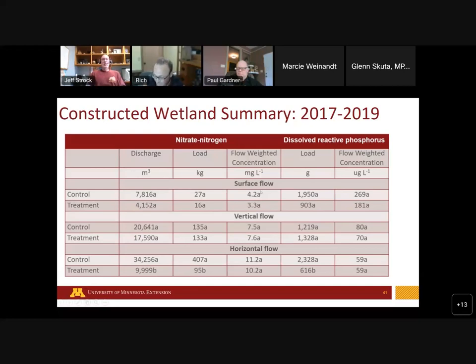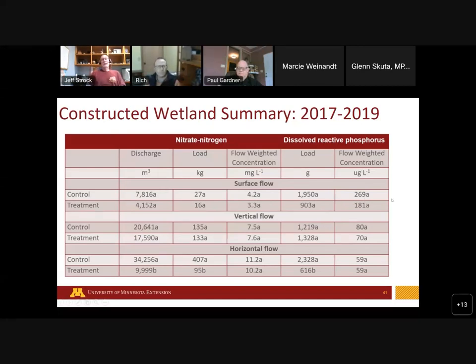So the water's got a longer hydraulic residence time in the surface flow system. It flows faster through the vertical flow system and even faster through the horizontal flow system. So this just tells us that the faster that the water flows through, the less likely we're going to get better and better treatment. So slow water, best treatment; fast water, not as good a treatment.